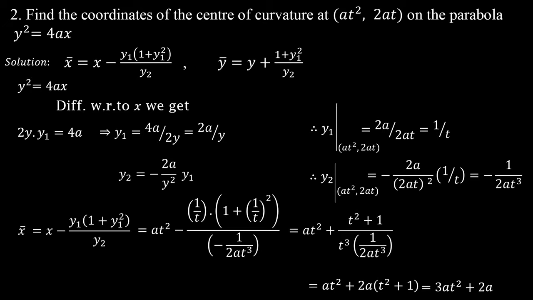Now let us find the y coordinate of the center of curvature at the given point. From the previous slide we have the value of y1 at the point at², 2at to be 1/t, and the value of y2 at the given point is −1/(2at³). So the corresponding y coordinate of the center of curvature at the given point is given by ȳ = y + (1 + y1²)/y2.